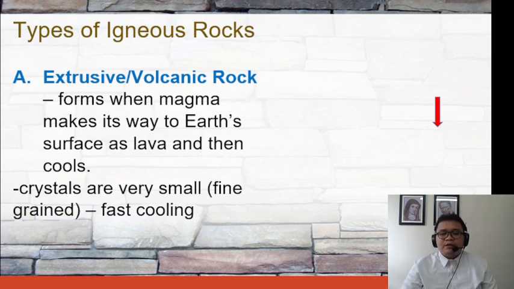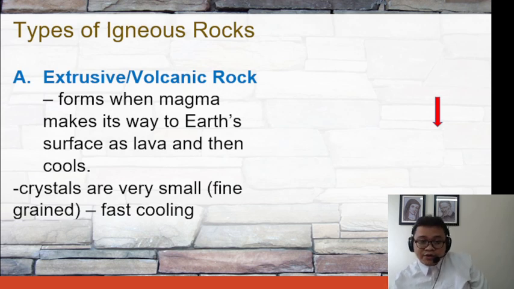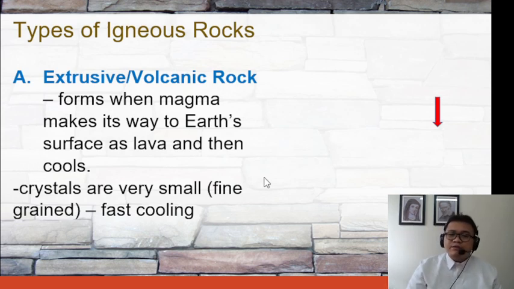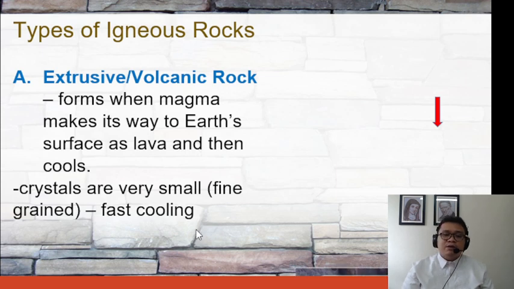So we can deduce that if the cooling happened very slowly, then the crystal structure of an igneous rock is usually large. But if the cooling happens very fast, the crystallizations are usually very small. So that's what extrusive or volcanic rock is all about.